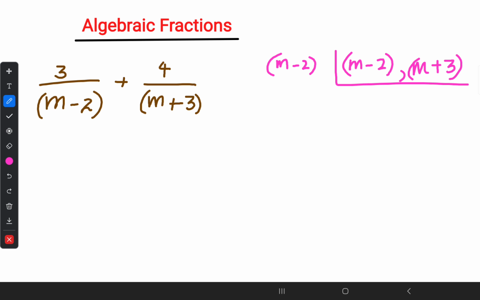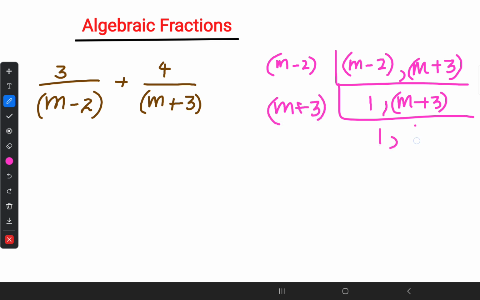So here we have only one m minus 2. It is 1, comma, m plus 3. Thereafter, I divide this by m plus 3. We obtain 1 and 1. So the LCM of these two denominators is m minus 2 times m plus 3.